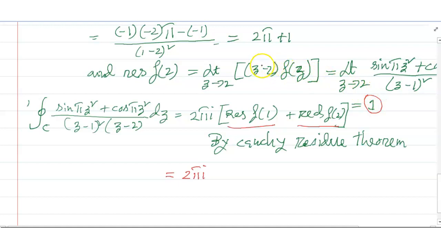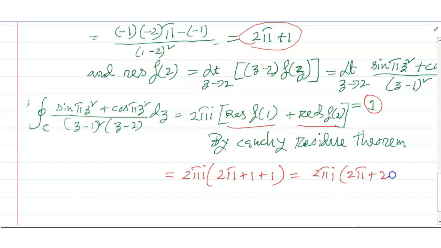So 2π plus 1 is equal to 2πi into (2π plus 2), which is equal to 4πi into (π plus 1).